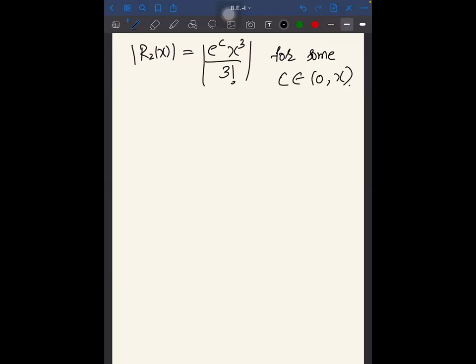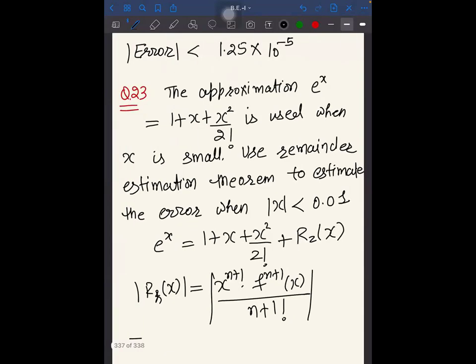Now you know that your maximum value of x is less than 0.01. Even your c cannot go beyond this, c is between 0 and x. So that means your error cannot be more than this quantity. I'll write it as e raised to power 0.1. Is it 0.01 or 0.1? Let me check this.